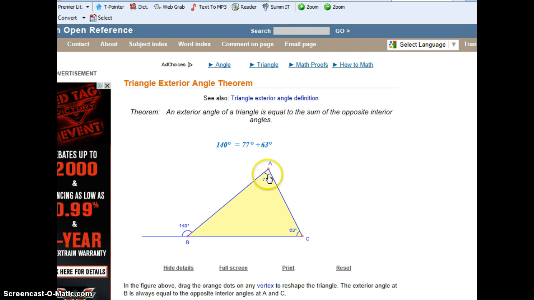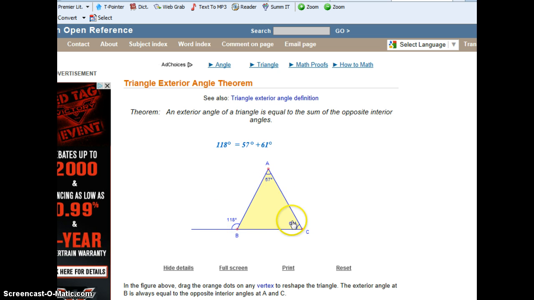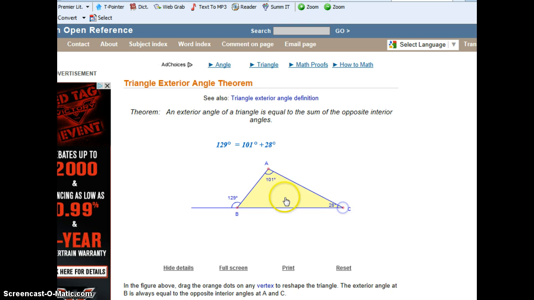I've changed my angles. Now I've got a 77 and a 63. But when I add those up, I get 140, which is the exterior angle that's listed out there. I can move B, and the same thing's going to happen. 57 plus 61 is still going to be 118, my exterior angle. I can move C. 101 plus 28 gives me my exterior angle.